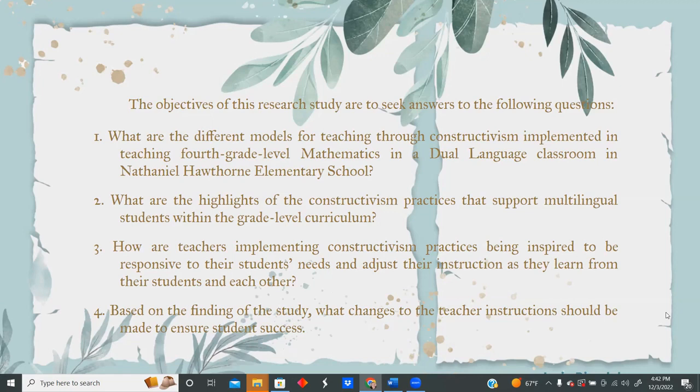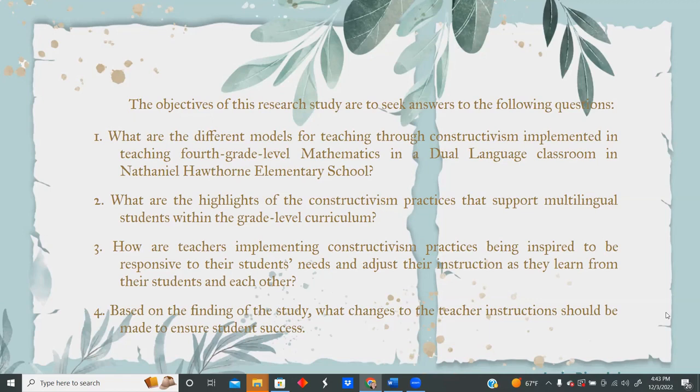Maybe we can read some of the related studies about constructivism approaches. Actually, here in the Philippines, we're also using these constructivism approaches. That's why I'm so impressed with your title. The title itself is very good. So it's really worth studying constructivism approach, ma'am, and practices.